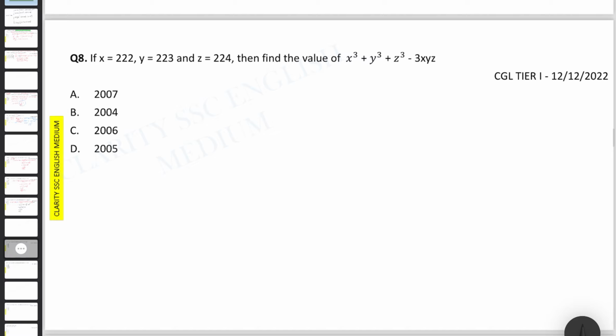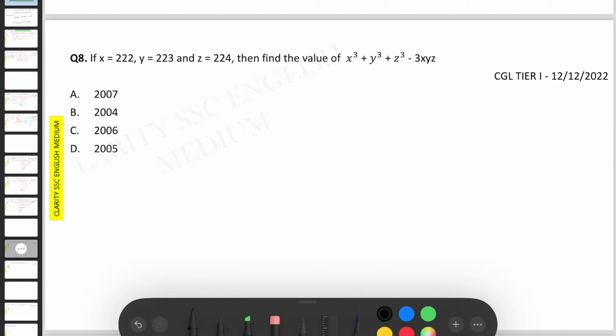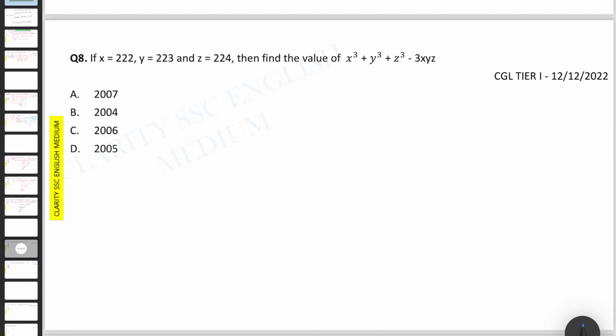Okay, this is the formula number 4 type. When to apply formula number 4? If the numerical individual values are given, then we can apply the fourth formula.